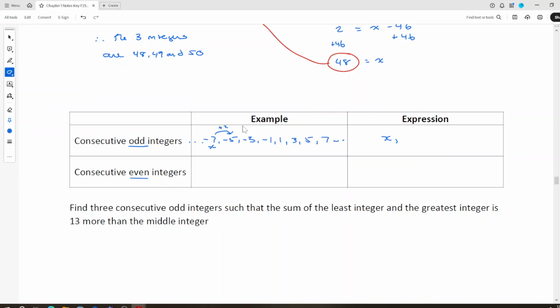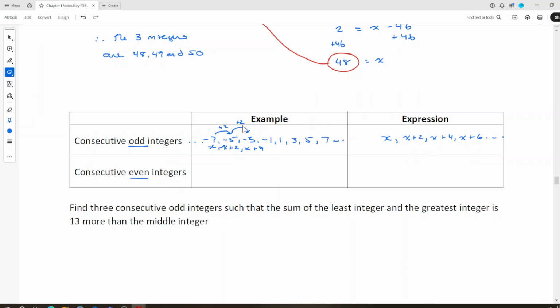Well, I have to add 2. I'm adding 2 because I'm skipping a number. So my next term would be x plus 2. To get to the third term, you're going to add another 2. Or to x, you're going to add 4. To get to the next term, you'd add another 2, so x plus 6, and so on.